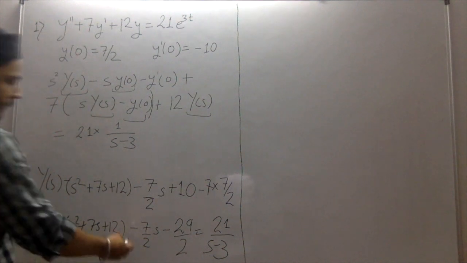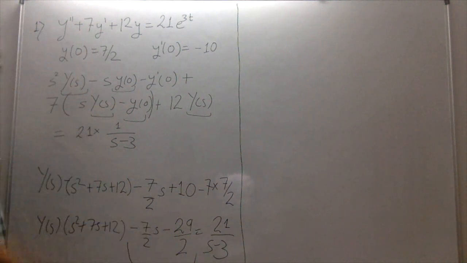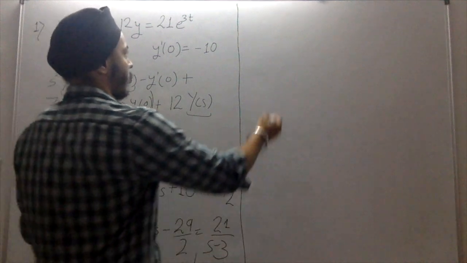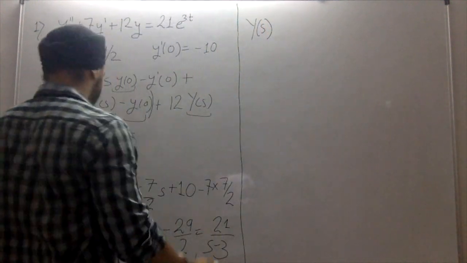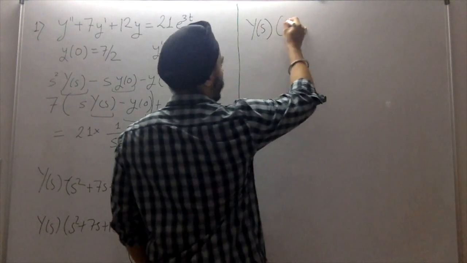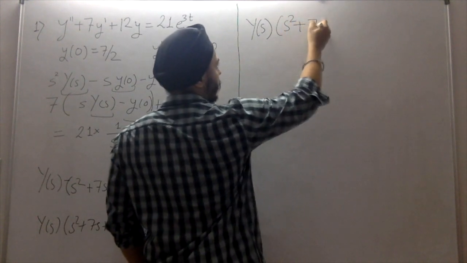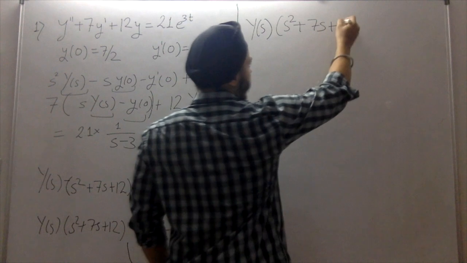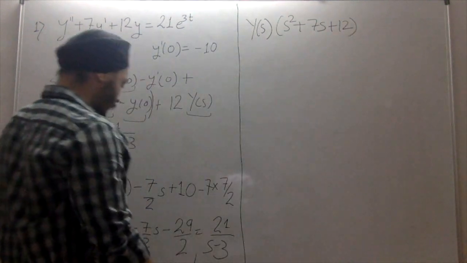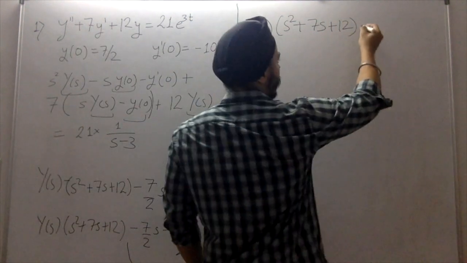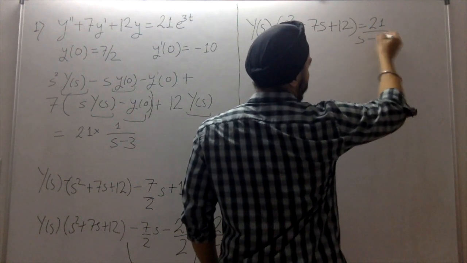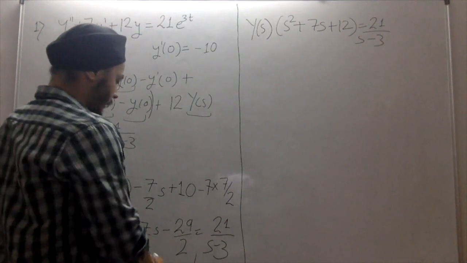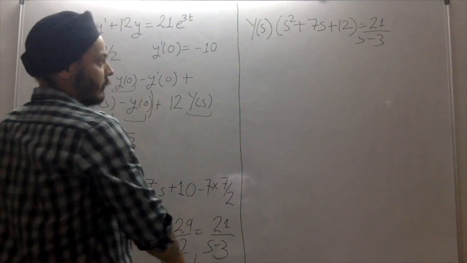Now let us take both these terms on the other side. So this will become y of s times s square plus 7s plus 12 equals 21 over s minus 3 plus 7s by 2 plus 29 by 2.